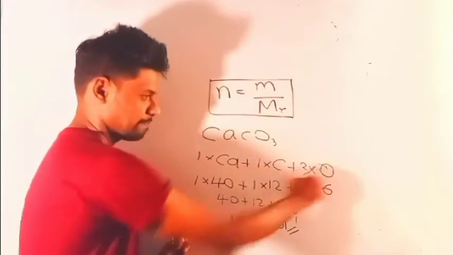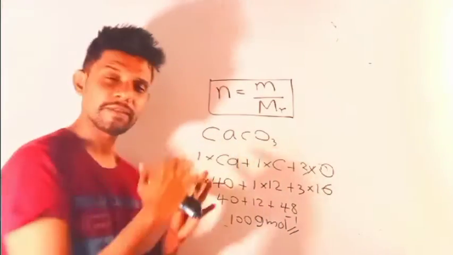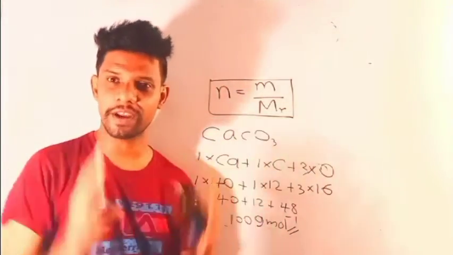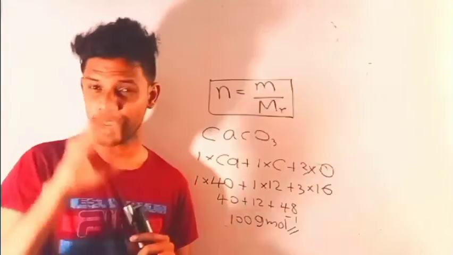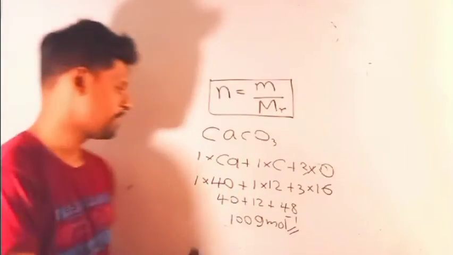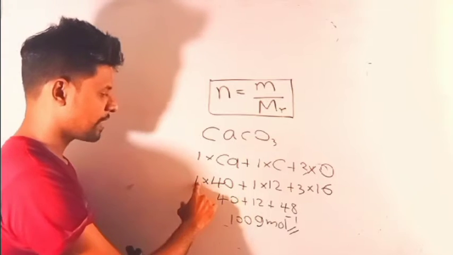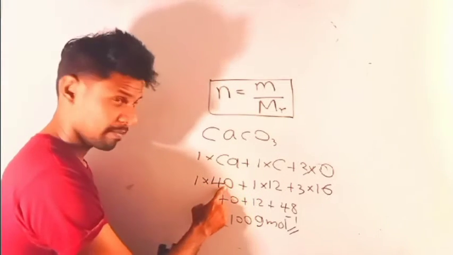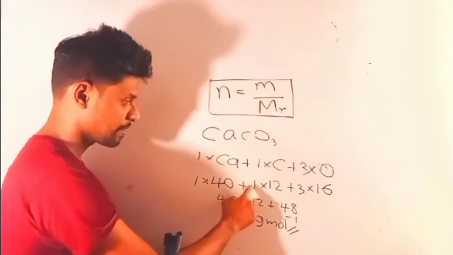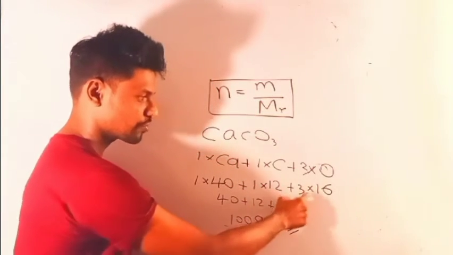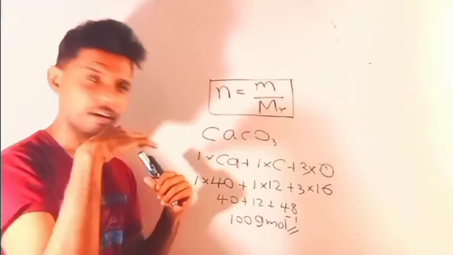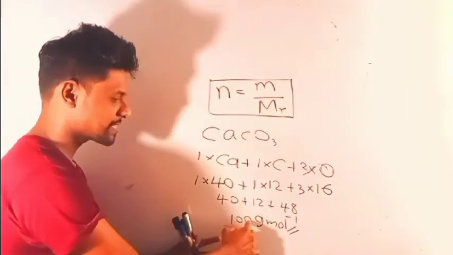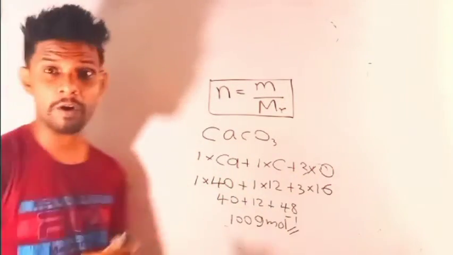If you write this step, you will never get wound up in the steps. I assure you, I guarantee you. Now have a look at 1 into 40: mass of calcium, 1 times 12 of carbon, 3 times 16 of oxygen. Altogether it is 100 grams per mole.